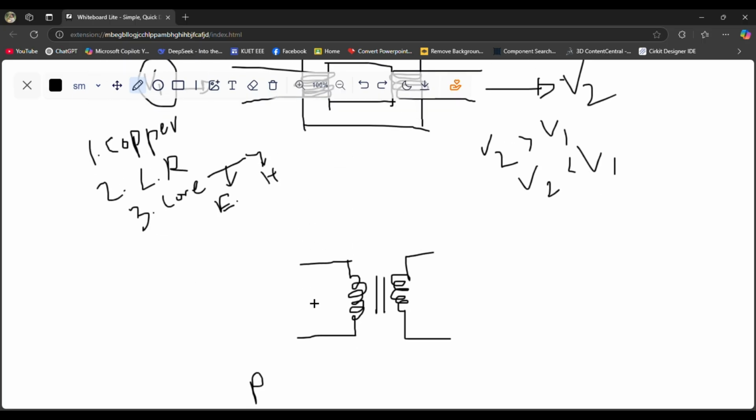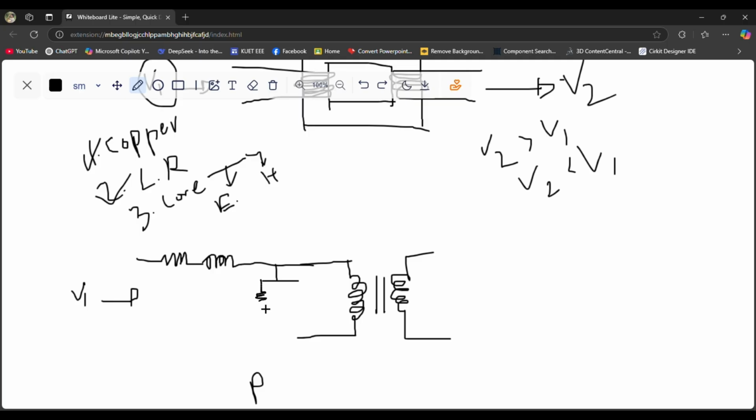In the primary side we give the voltage, let's say V1, and we have to take the copper loss component, so we make a resistance like this. We also have to take the leakage reactance component, so we make a reactance like this, and the core loss component becomes something like this.